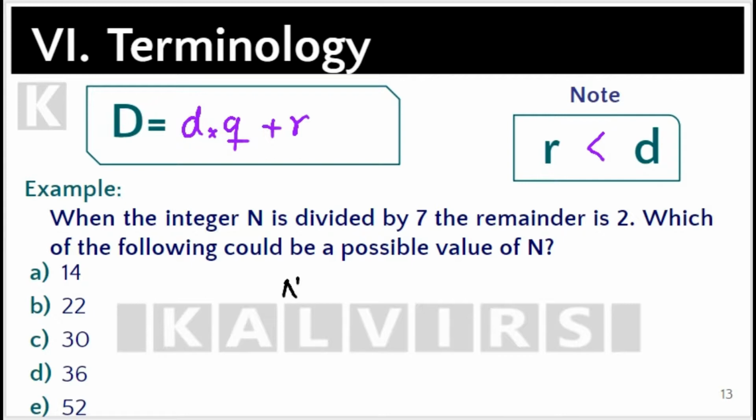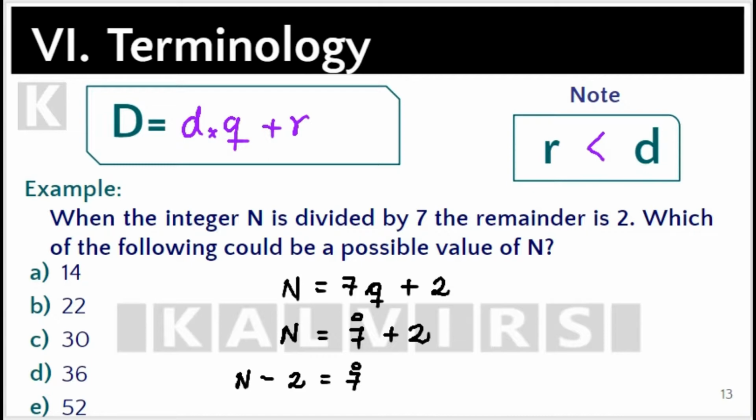The dividend is n, the divisor is 7, let q be the quotient, and 2 is the remainder. This means that n is a multiple of 7 plus 2. Therefore, n minus 2 is always a multiple of 7.